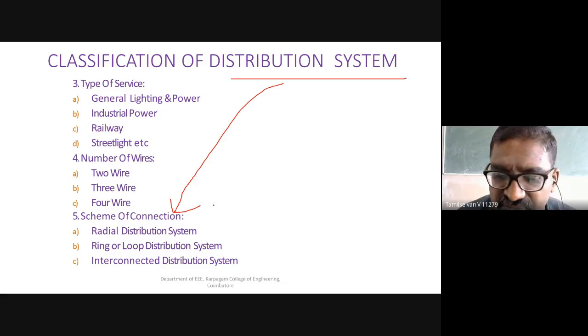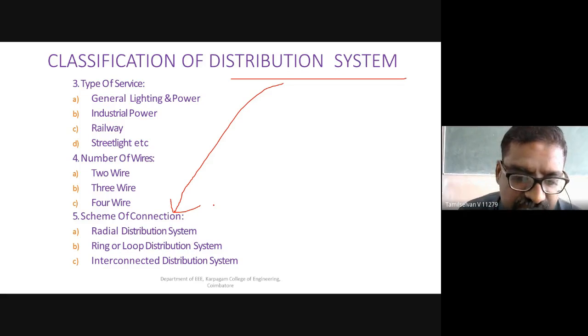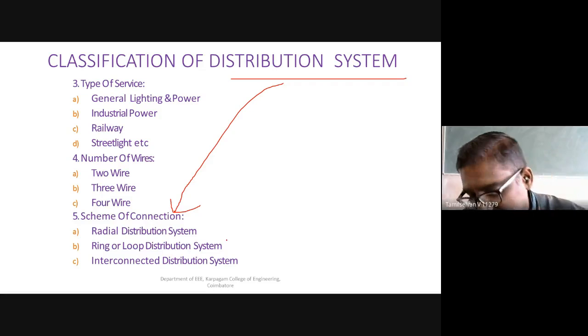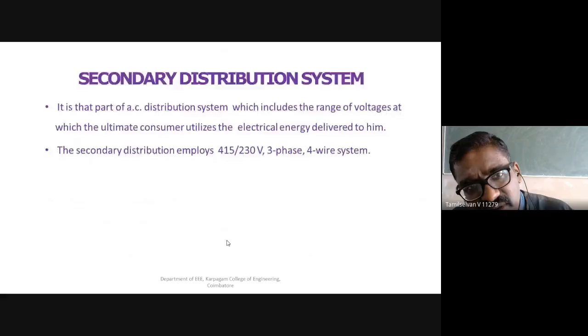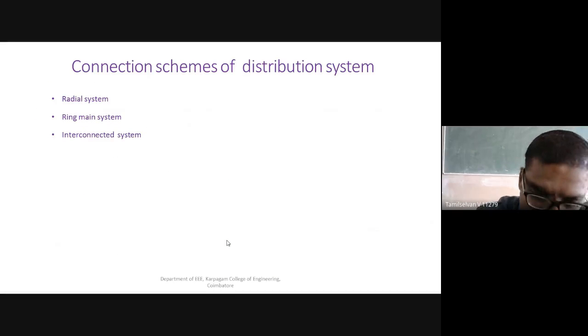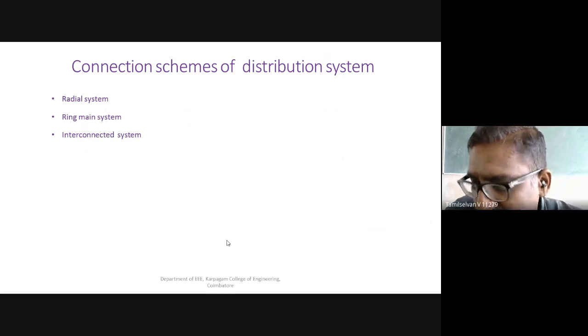Based on your scheme of connection, whatever energy is distributed at constant voltages, generally we use either a radial distribution system, or a ring or loop system, or an interconnected system. Now we are going to see what the connection scheme of our distribution system is.